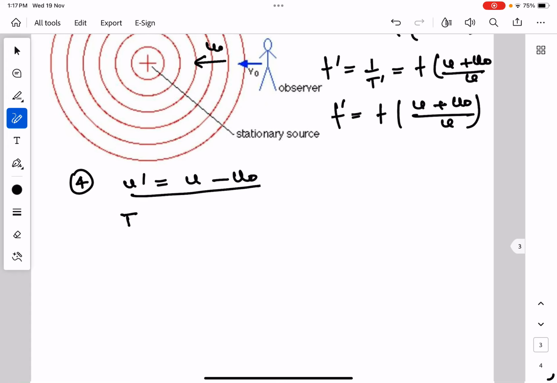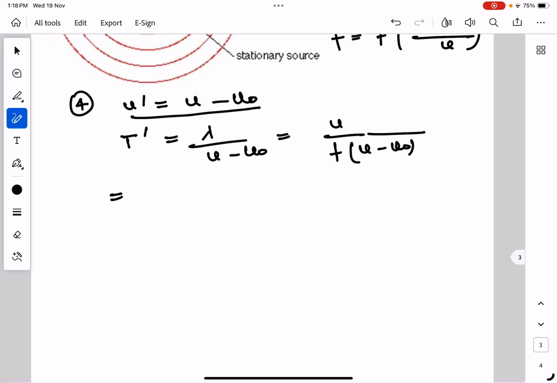Therefore, time period of the wave will get increased. This would be equal to lambda upon v minus v naught. Lambda can be written as v upon f, v minus v naught.